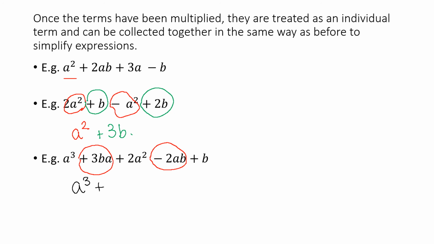Or I will write it as AB, because we generally put our letters in alphabetical order. 2a squared, we don't have any other a squareds in this expression, so I'm just going to add that to a squared, and then we don't have any other b's in this expression, so it's plus b. So that is our fully simplified expression.